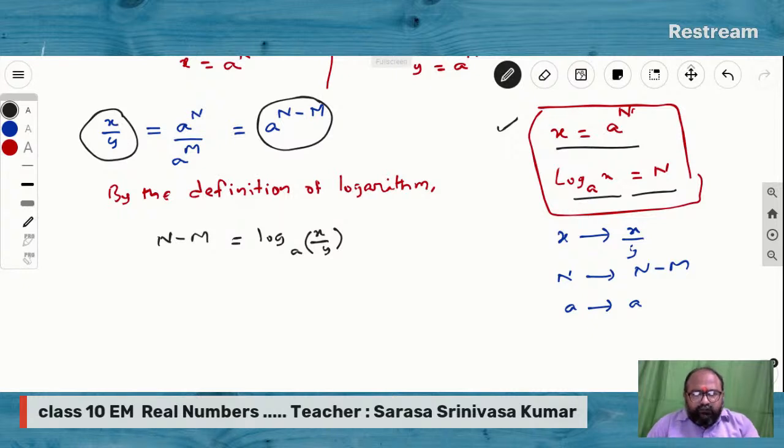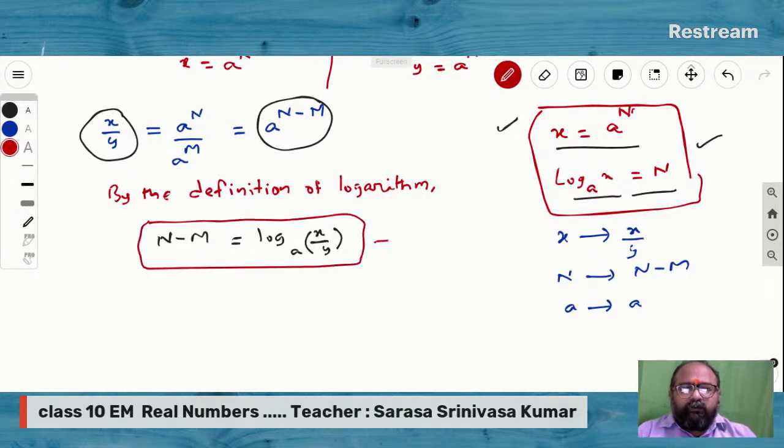So this is by the definition of logarithm. You just compare with this definition. Here we have x by y in place of x, n minus m in place of n, a in place of a. You will understand how to write this step. So now this is equation 1.